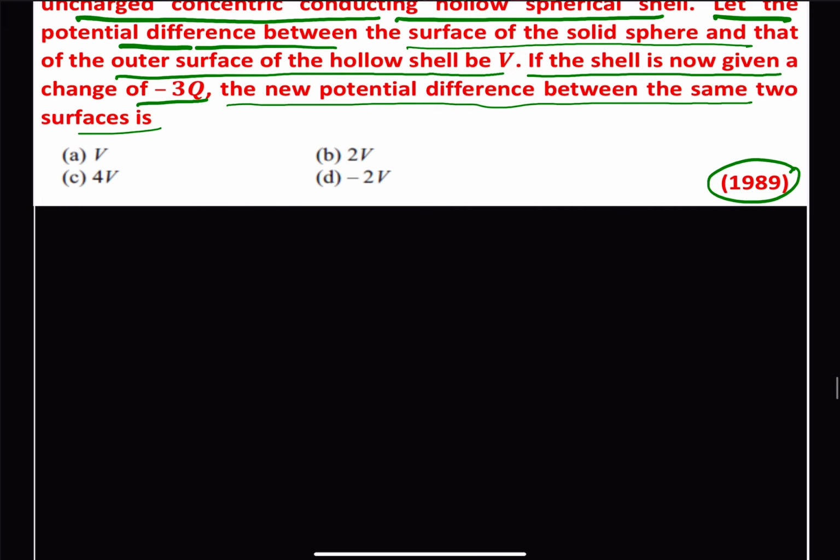So let us draw an approximate figure. So we have a solid sphere. Let us suppose the solid sphere has a radius R1 and it is surrounded by a hollow shell. And the radius of the hollow shell is, let us suppose, R2.